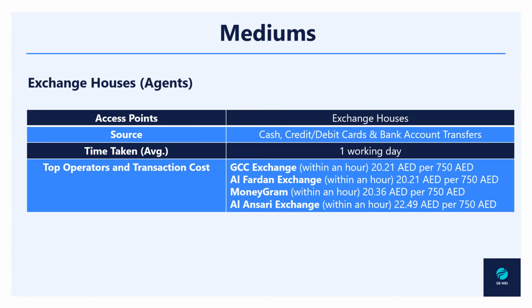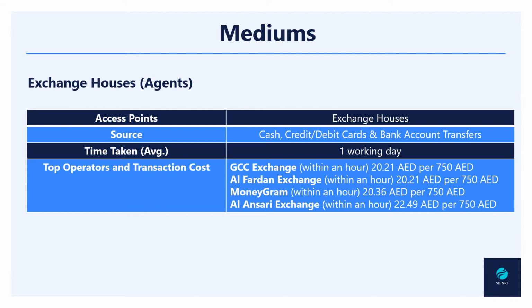The next medium that you can opt for is exchange houses, wherein you can find certain agents, and the sources of transfers can be in the form of cash, credit and debit cards, and even bank account transfers. The average time taken is again around 1 working day, and the top operators under this segment, and the famous ones as well, are the GCC Exchange, the Al Fardan Exchange, MoneyGram, and Al Ansari Exchange. These are some pretty big exchange houses there.